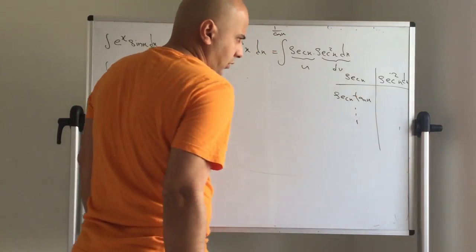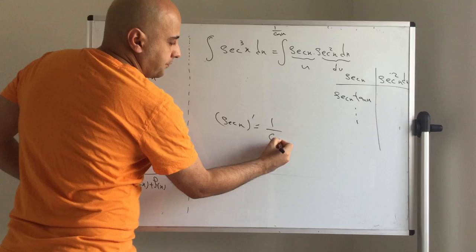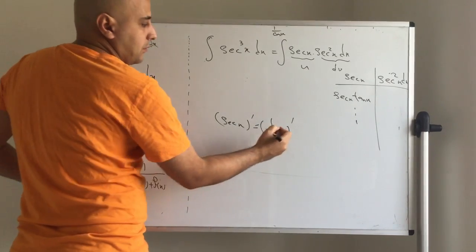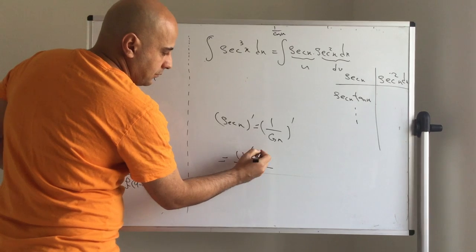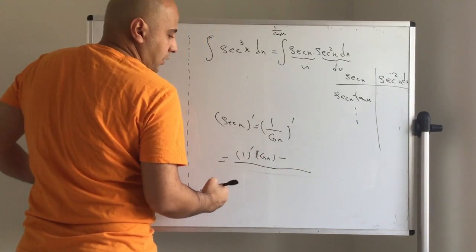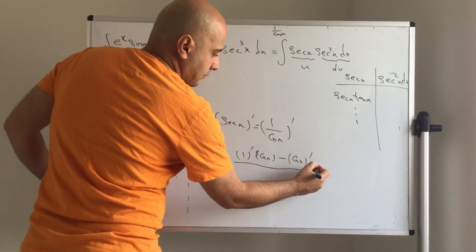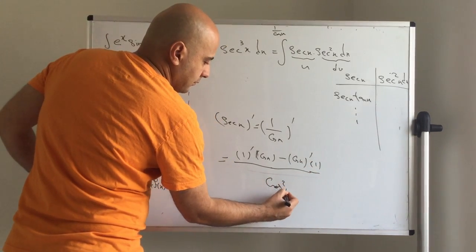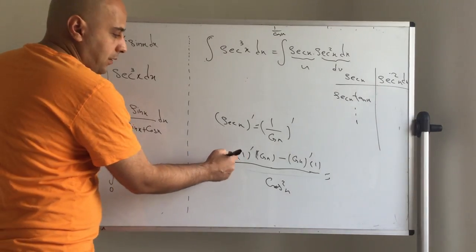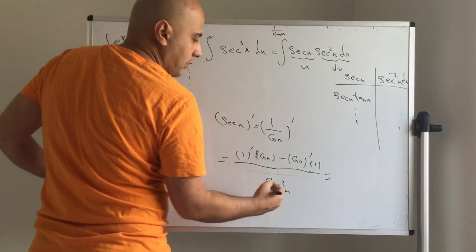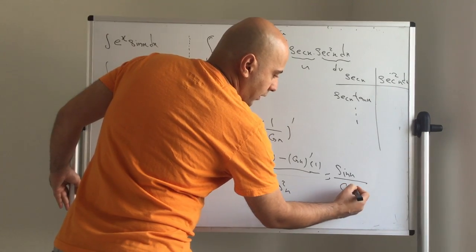It's easy to find because secant is one over cosine, so the derivative of the constant is 0, and the other part is minus sine x over cosine power 2x.